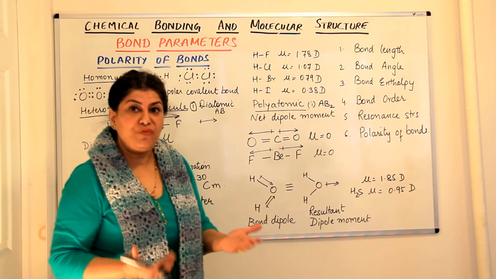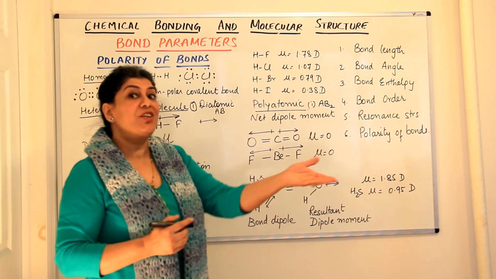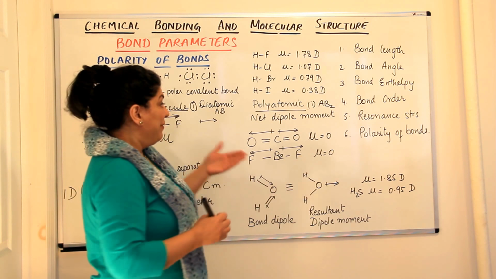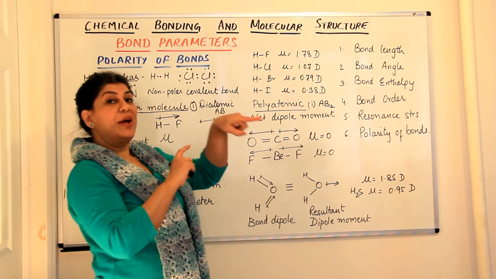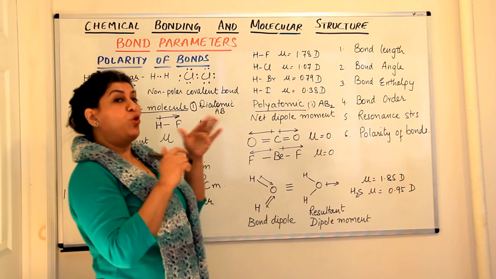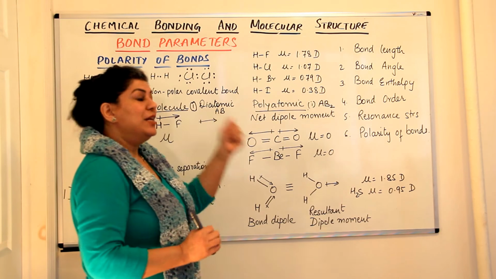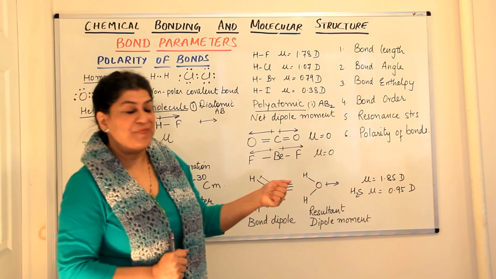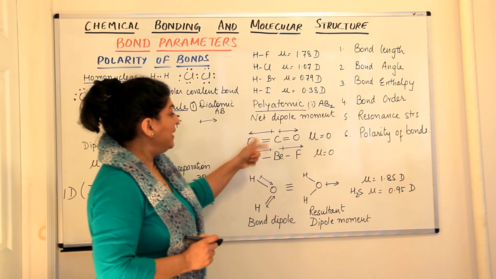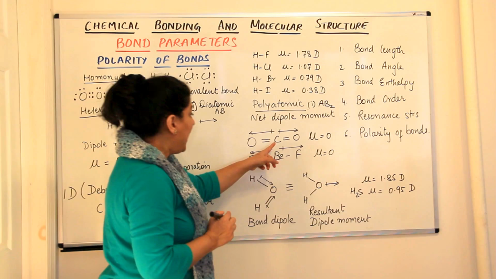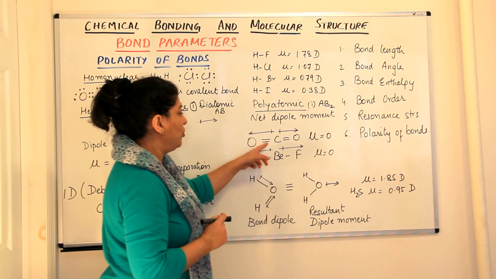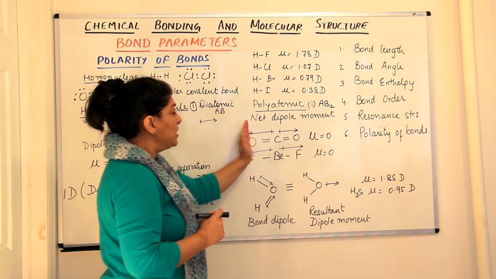If the magnitude of the charge is the same, what is the direction of this moment? We find that when we draw the arrowhead, that is the negative charge, or the electrons shift towards the more electronegative atom. So in carbon dioxide, the electrons move towards oxygen. And here also these electrons shift towards oxygen.